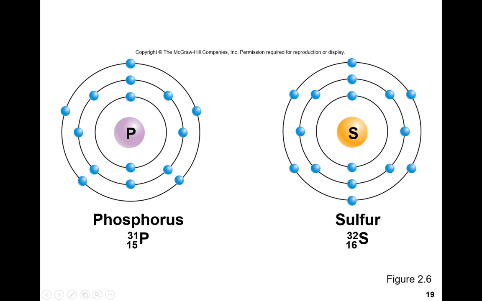With phosphorus, we're starting to get a little more complicated. If we have 15 protons balanced out by 15 electrons, 2 and 8 make a total of 10 for the first 2 shells, and we have 5 left over for the third orbital. For sulfur, 16, so 2, 8, and 6 electrons.